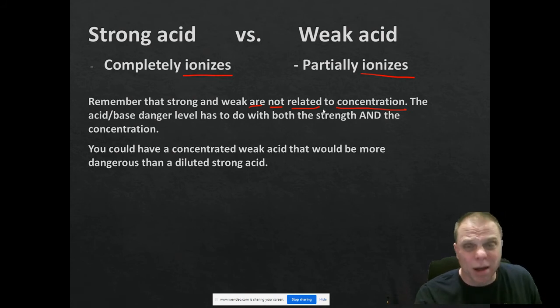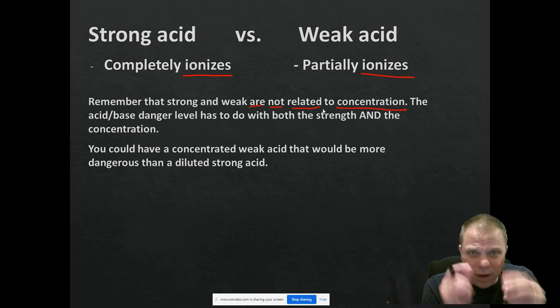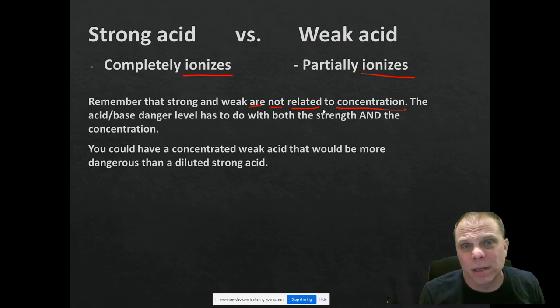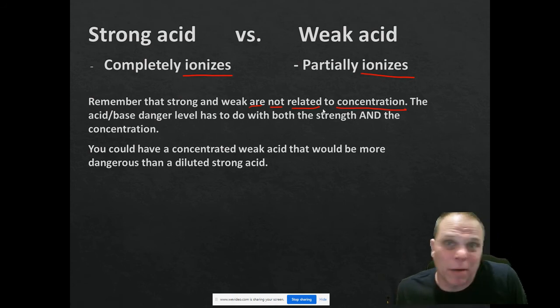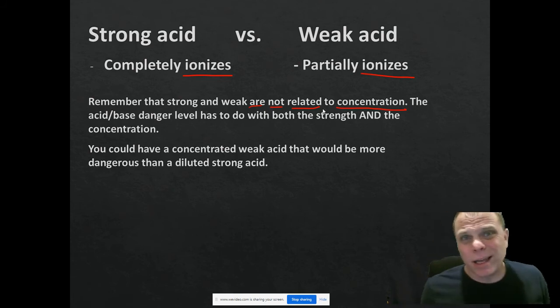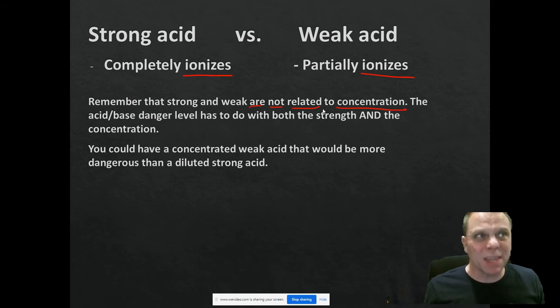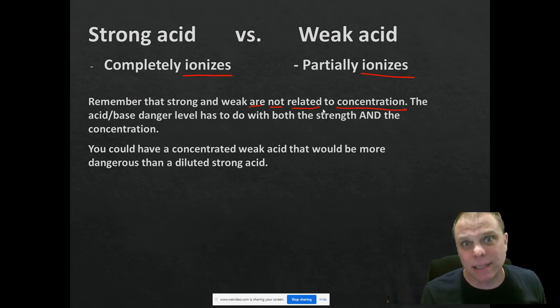Strong acids can be really dangerous and caustic, but if they're really diluted, if there's very little of it in a big solution of water, then it's really not going to do you much damage at all. Whereas a weak acid, think about vinegar, it's not normally going to be a big problem to touch. And yet, if you have really concentrated acetic acid, it could be dangerous to you.